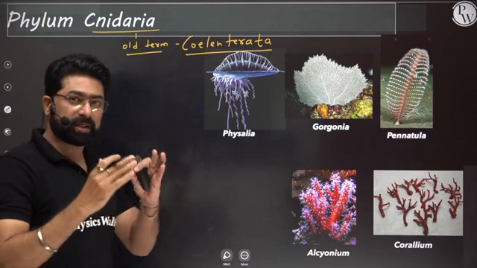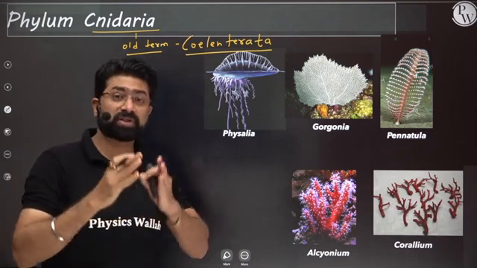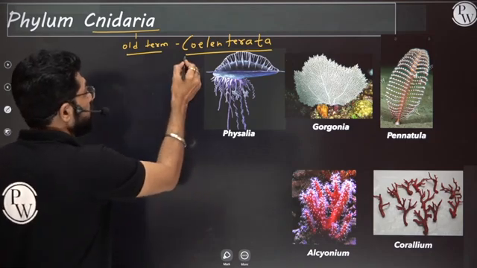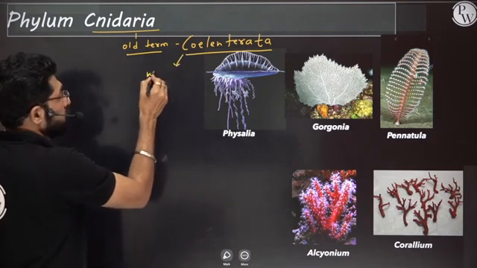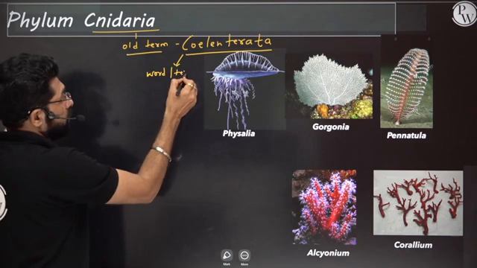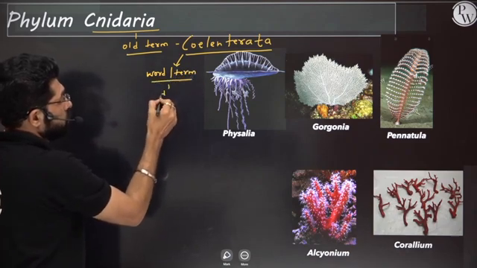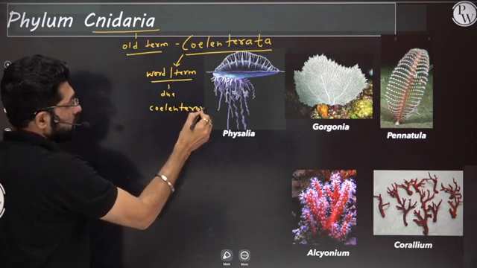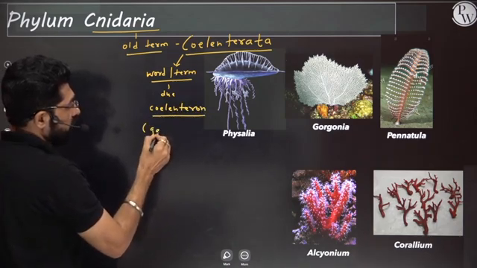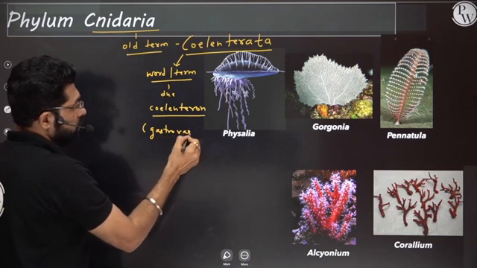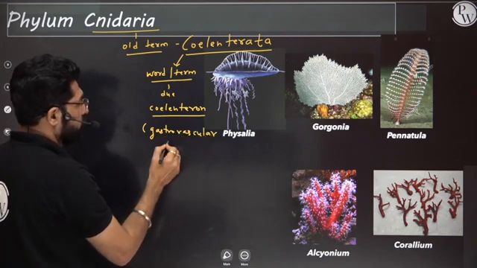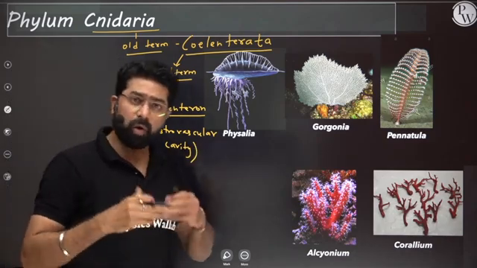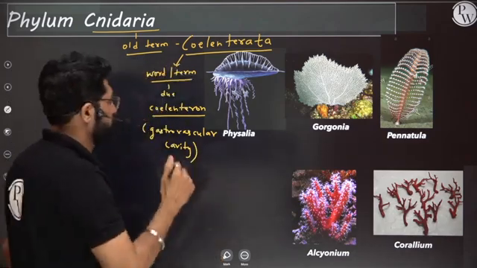Because the word coelenterata came because of coelenteron, that is the gastrovascular cavity. First it was thought that all have a gastrovascular cavity, but it's not correct. Let's see how.